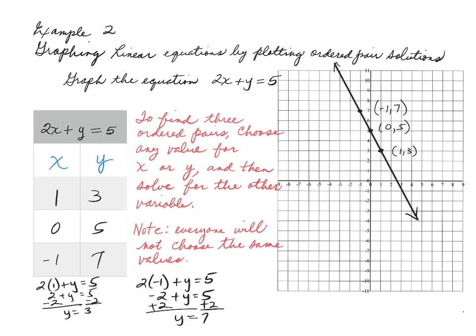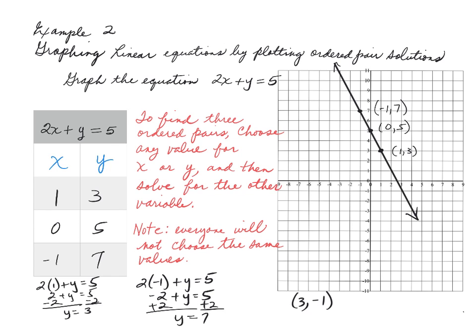For instance, I won't be able to erase it, but you could have chosen if x is 3, y would be what? Let's see, x is 3, that would give 2 times 3 is 6, plus what gives you 5, negative 1. 3 and negative 1.